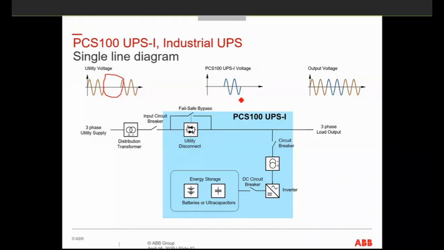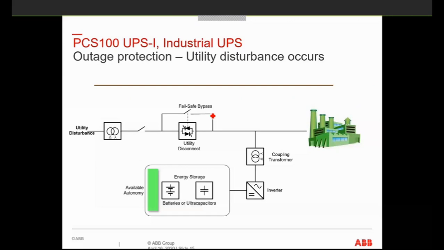Okay. So just to give you a representation of how it does this, right? You have a utility voltage going to the plant, and then you have a voltage sag coming in. What will happen is that the product will actually detect it, and then this fail-safe bypass or utility disconnect is so fast that it will disconnect from the utility and then supply the voltage to the factory until this power quality issue is over.